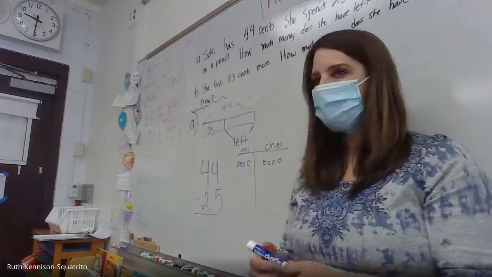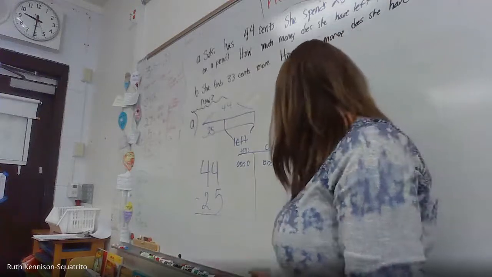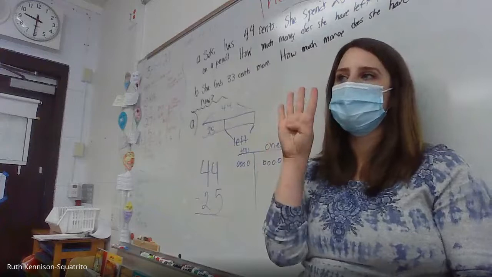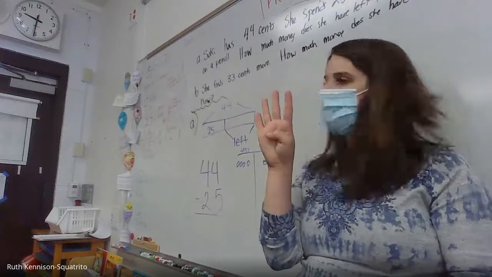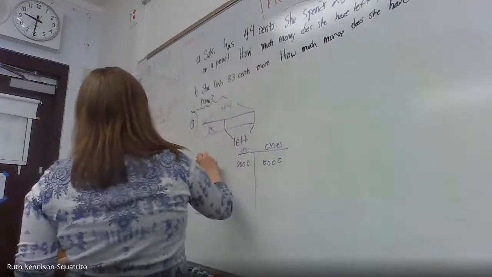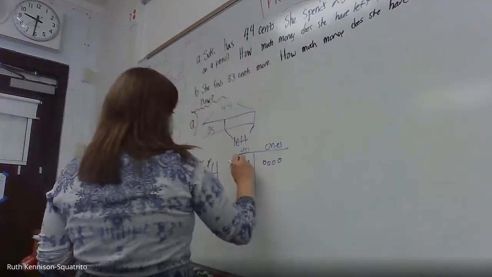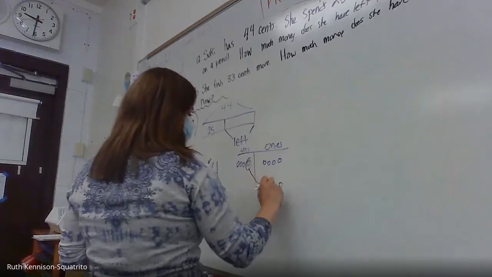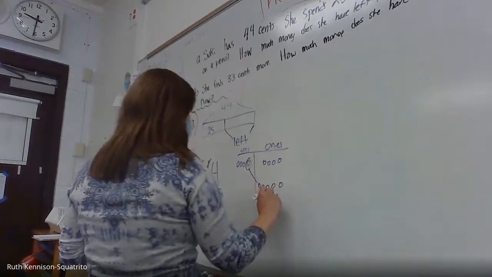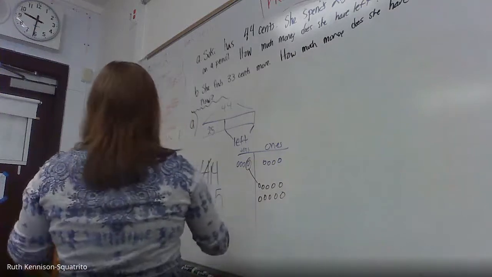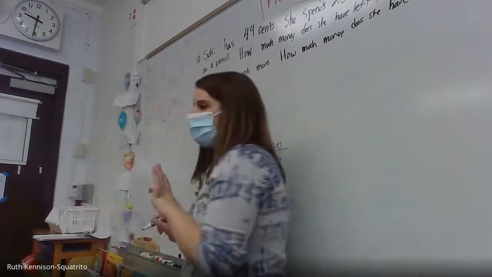Okay. So for this one, can you take away 5 if you only have 4? No, you cannot. So we need to borrow from the 10s, right? Take a group away. 1, 2, 3, 4, 5, 6, 7, 8, 9, 10. 4 minus 1, 10 becomes what, Luis?